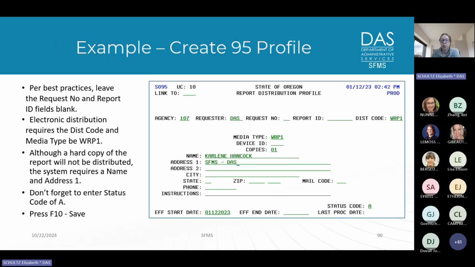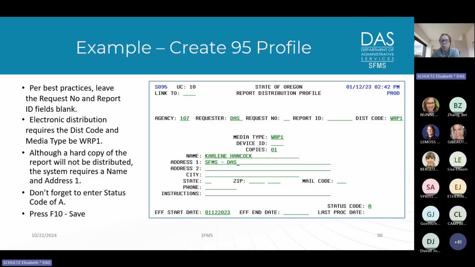So first we need to make sure we have a 95 profile. This is going to tell us where the report is going to produce. We have an example here of the best practice of creating a default 95 profile, so all of your reports would produce electronically. So if you already had this set up, you don't have to set up another one. But in this example, this is the 95 profile we're going to use.